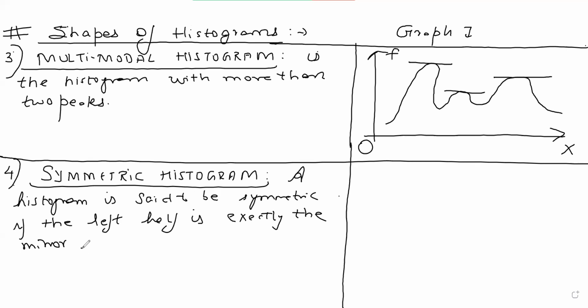If the left half is exactly the mirror image of the right half, then we say that the histogram is symmetric.